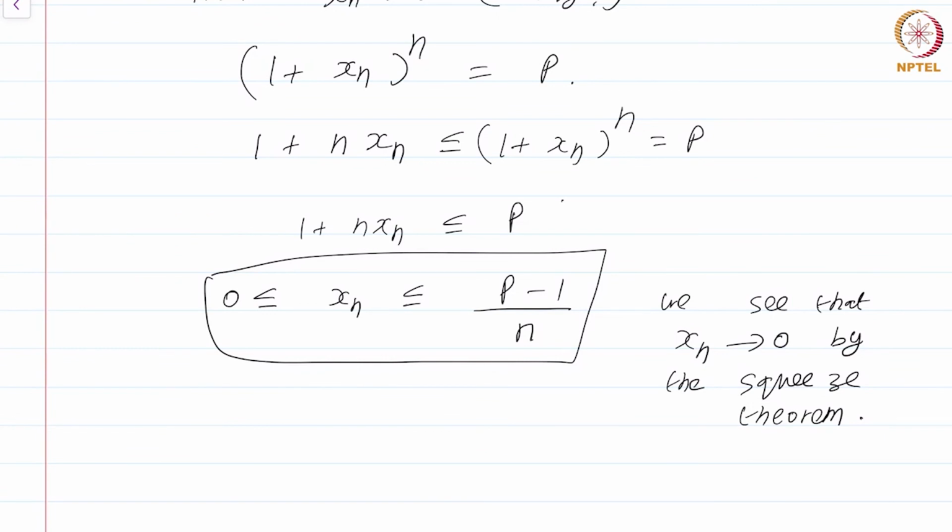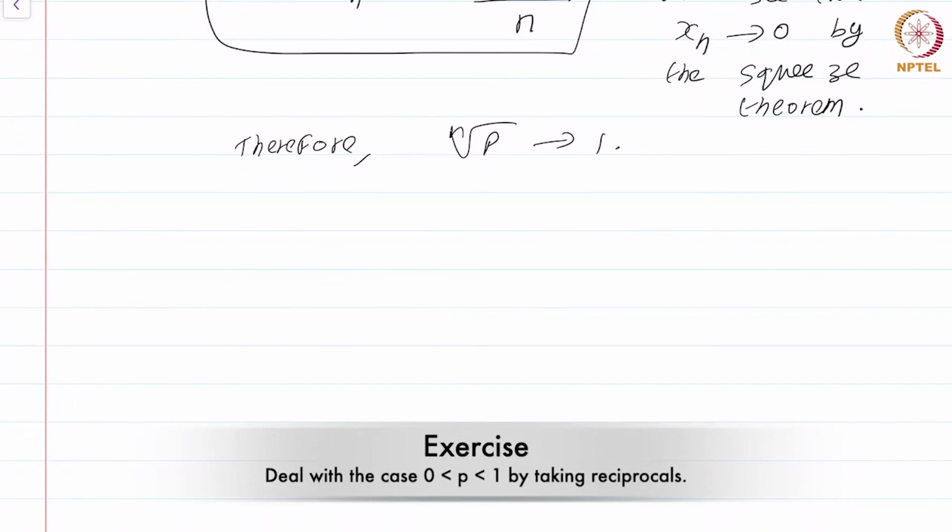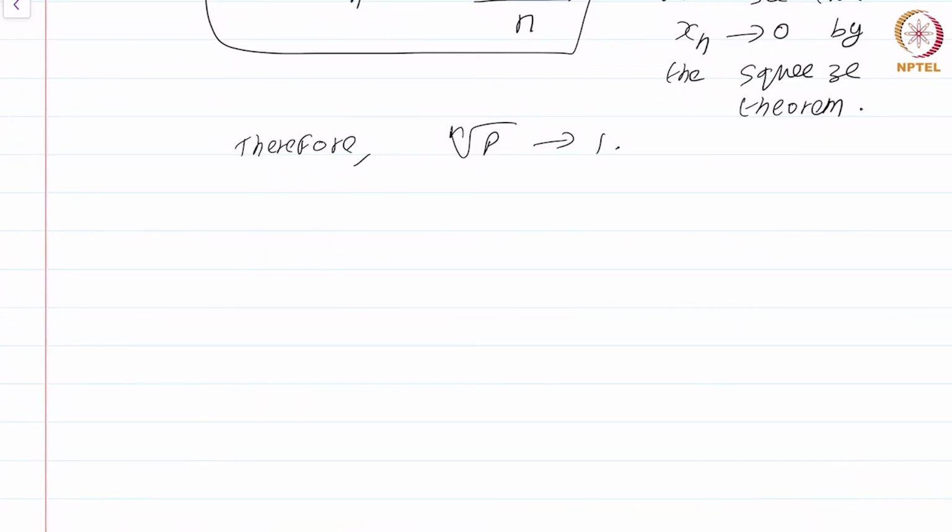Okay. So we were able to prove that xn converges to 0, and therefore nth root of p converges to 1. So again, this is very similar to the proofs we have seen earlier. We just used the binomial theorem.